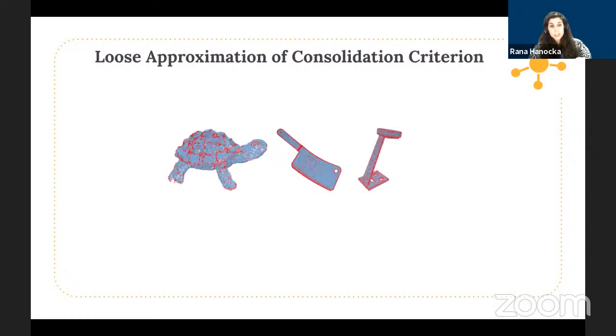We loosely partition the points of the input point cloud into two groups. This is our rough approximation of the desired consolidation criteria. For example, in the case of sharp feature consolidation, you can see a few examples of how points are roughly partitioned into sharp, which is red here, and not sharp, which is blue. We use an approximate definition of sharp, which is basically we estimate the normals of the points and we compare the normals.